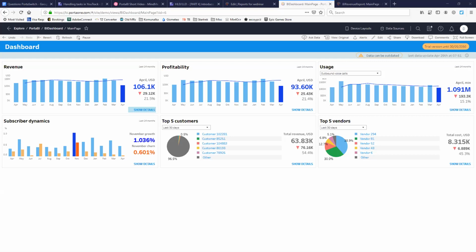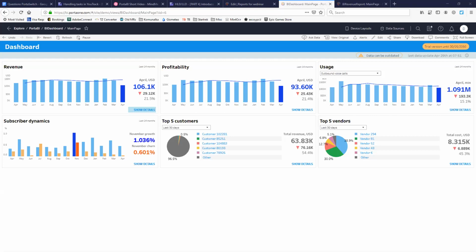Let me tell you a few things about the data that you are going to see. This is actually data which was downloaded from one of our customer installations. We had PortaBI running on their system for several weeks. We stopped updating the data in April, and you will understand why.